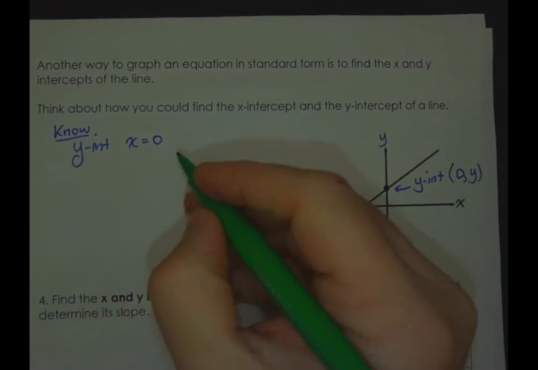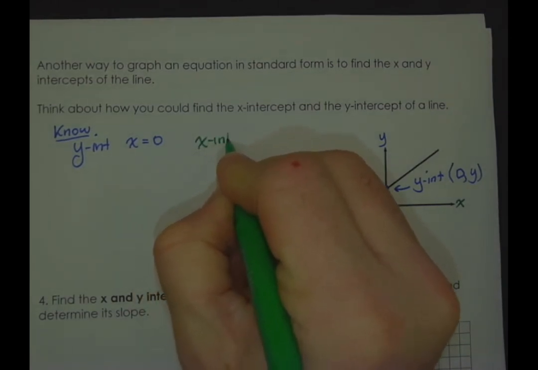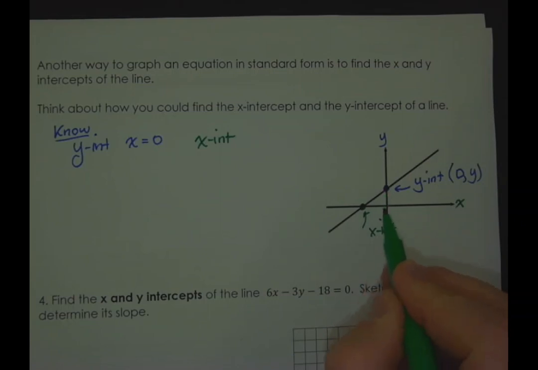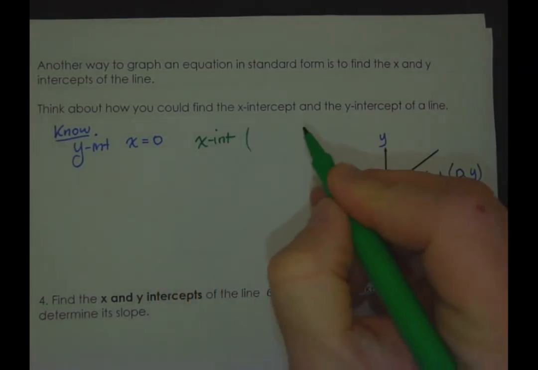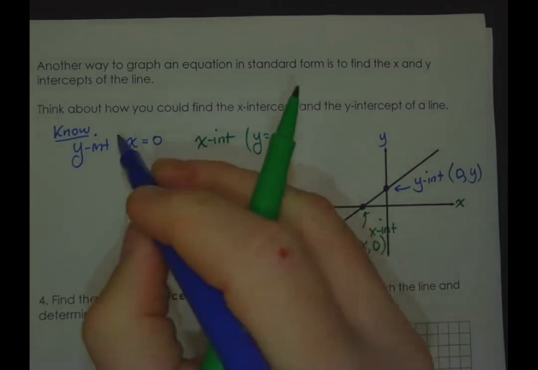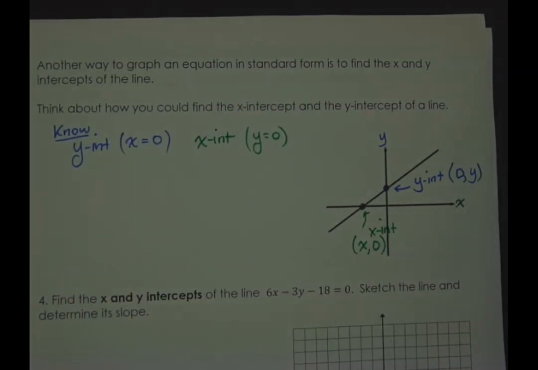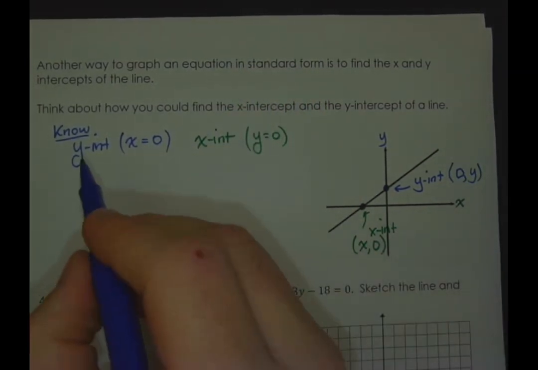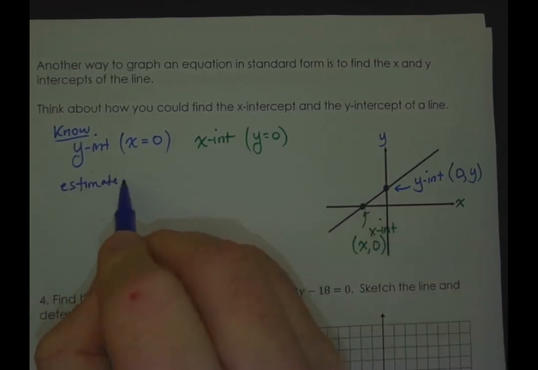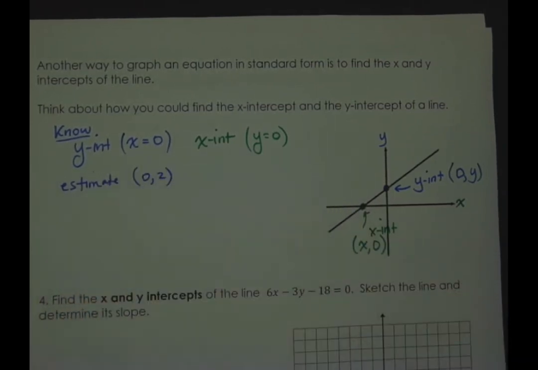Likewise, if we were finding the x-intercept, if I'm looking at this point, how high do I go up? No height. So my x-intercept is where y equals 0. So we could estimate from this, as an estimate, I would say that point could be 0, 2.